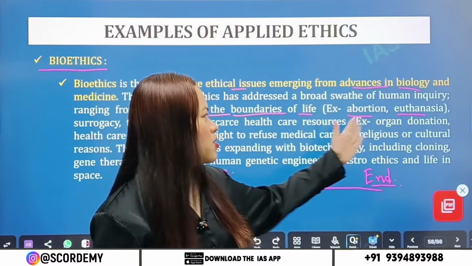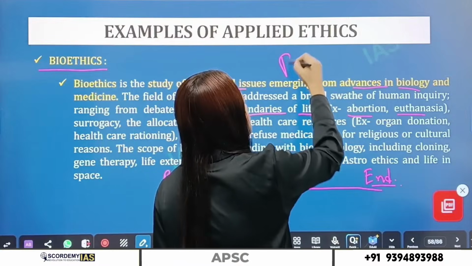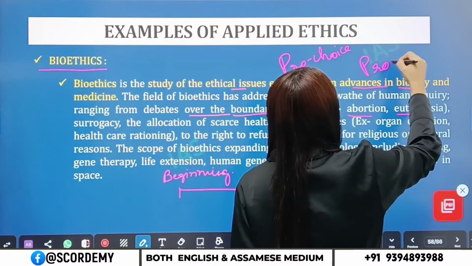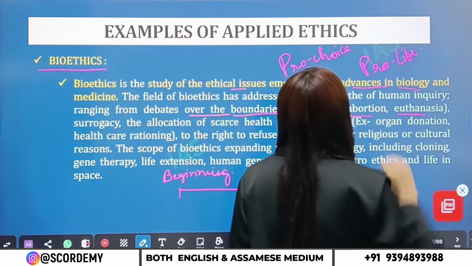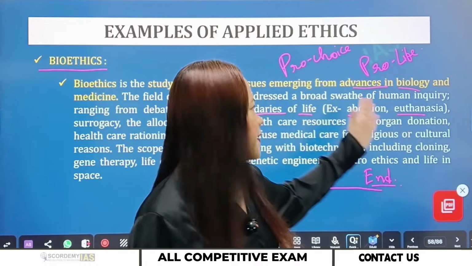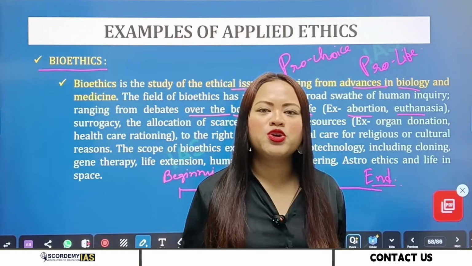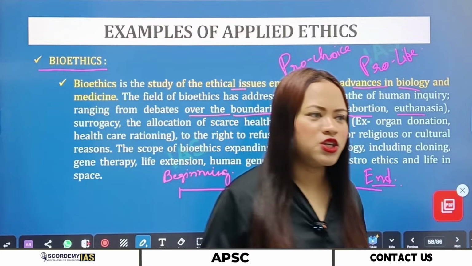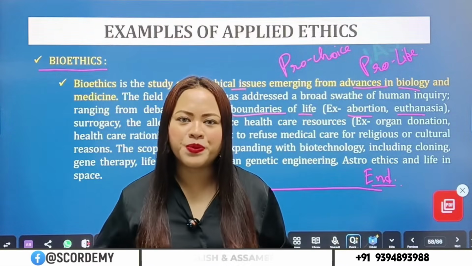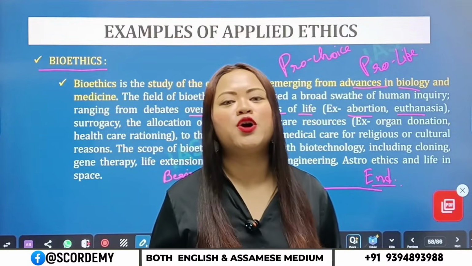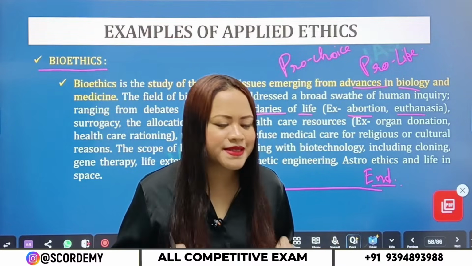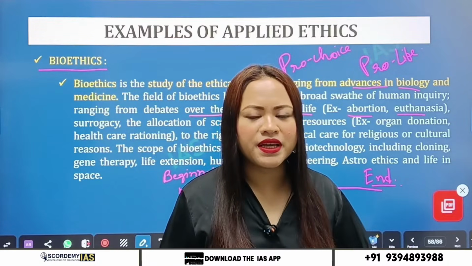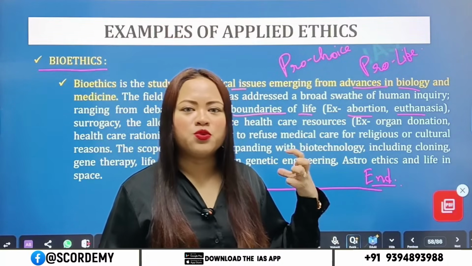When it comes to abortion, there are two positions: pro-choice and pro-life. Pro-choice means having autonomy over your own body. People who argue that they have complete sovereignty, complete control over their own body, can choose to terminate a pregnancy if they want to.